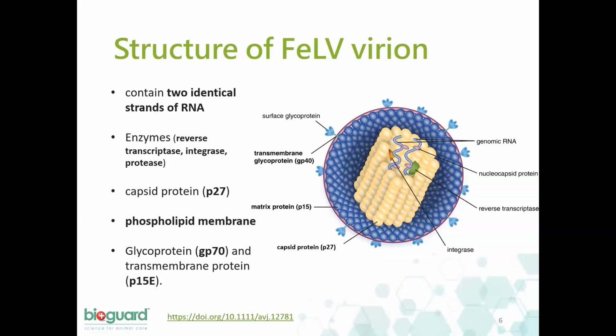The nucleocapsid protein forms a shell around the RNA genome and helps to protect it. The p15, or the matrix protein, is located between the nucleocapsid and the viral envelope and helps to assemble the virion. The enzyme reverse transcriptase is essential for the replication of the FeLV genome, while the integrase integrates the FeLV DNA genome into the host cell DNA. And the capsid protein, the p24, forms the main structural component of the viral capsid.